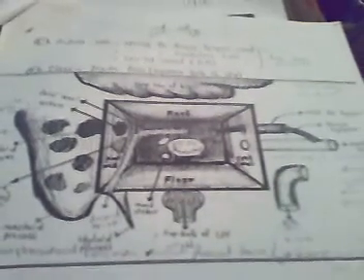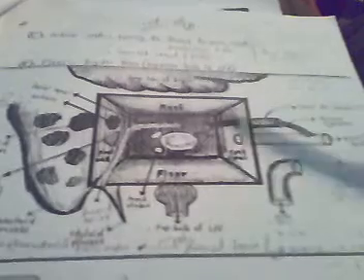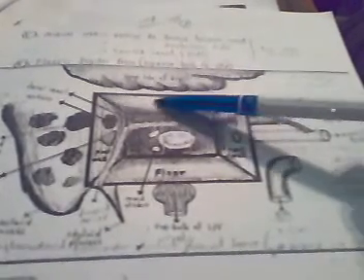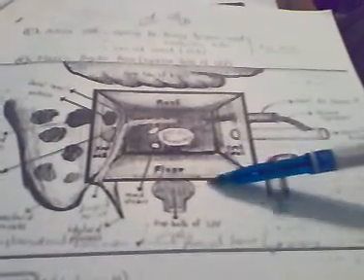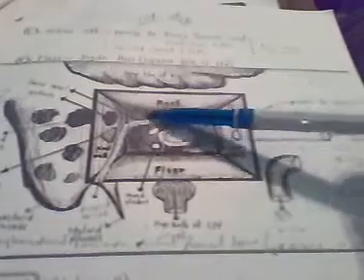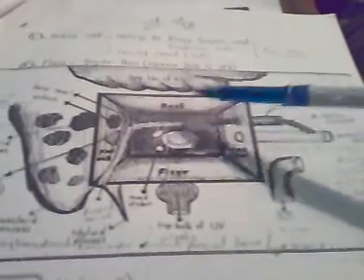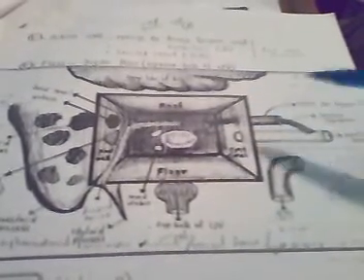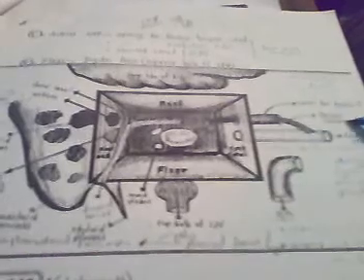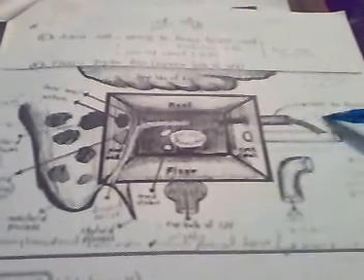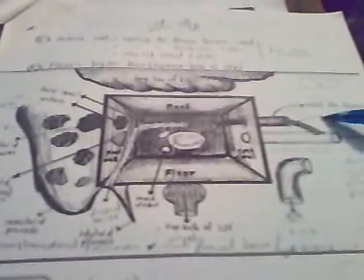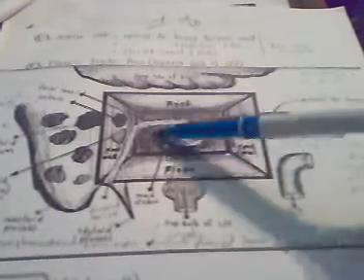Now we are going to talk about the relations of the middle ear cavity. This is a picture of the middle ear cavity. So your patient is looking forward, he is looking in this direction, his eyes are looking to the right, and his ear is here.